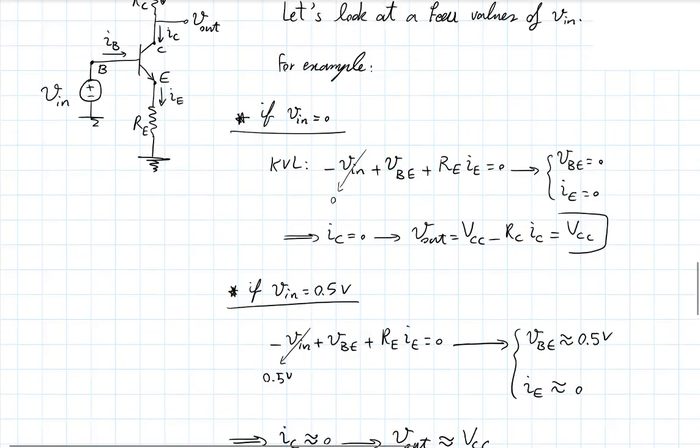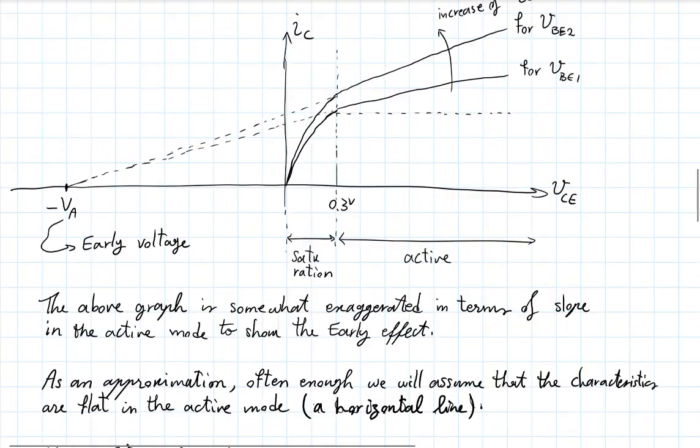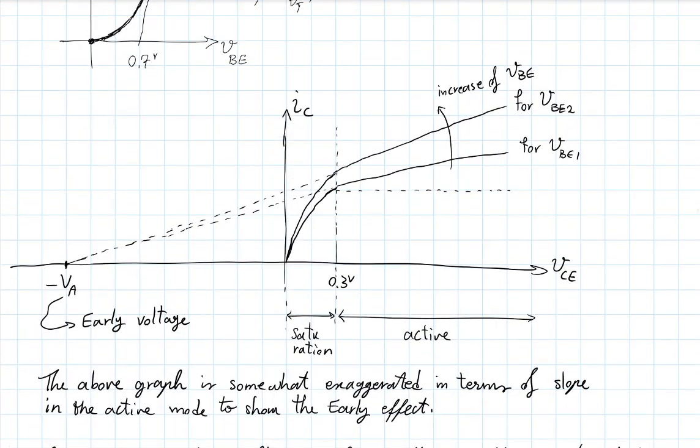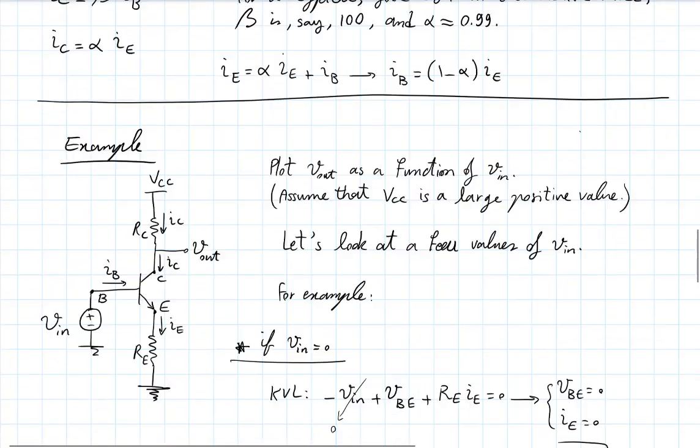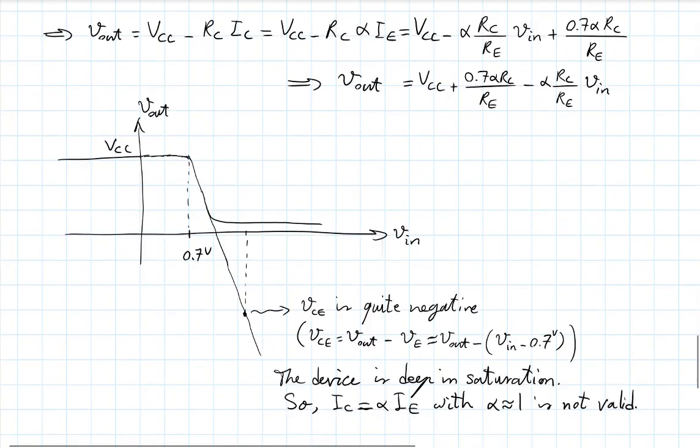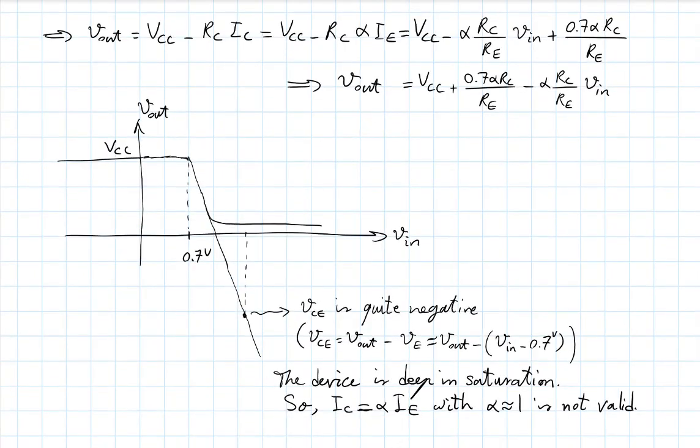Is my condition for saturation VCE equals 0? 0.3 volts. I mean, 0 is not too bad an approximation, but 0.3 is the ballpark. So all I have to do is to say this will keep going until VCE reaches around 0.3 volts.